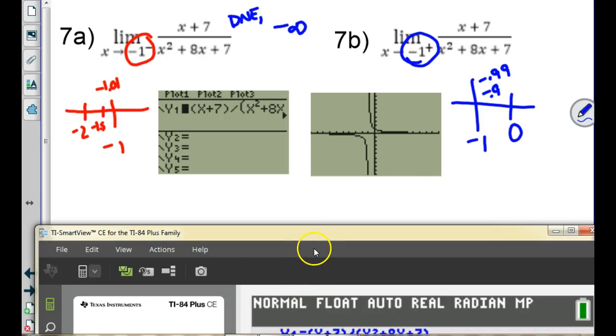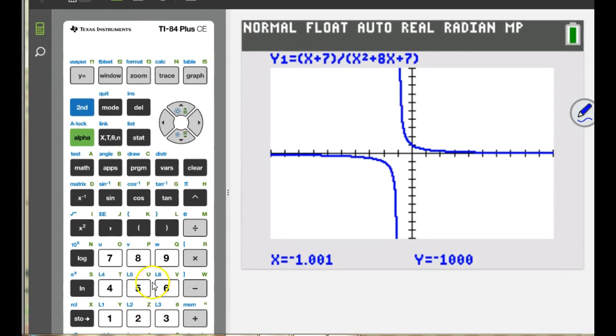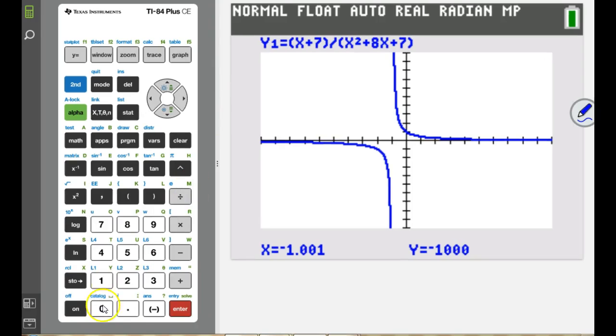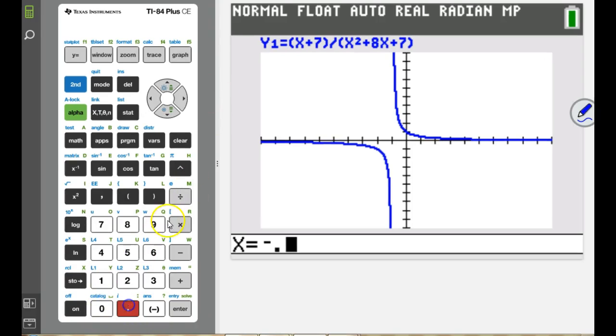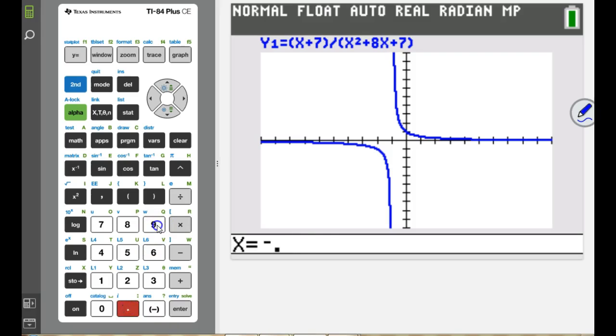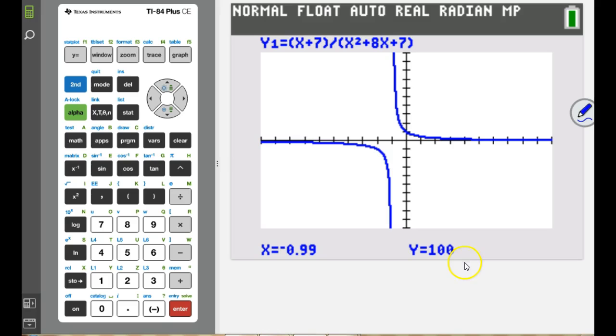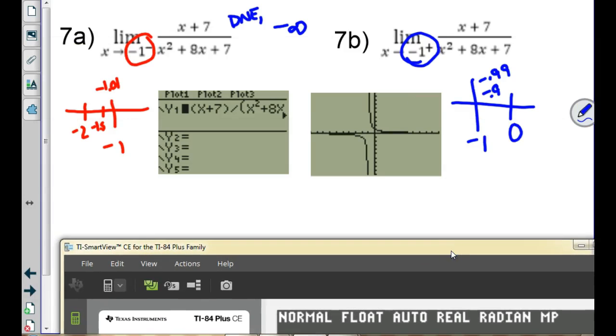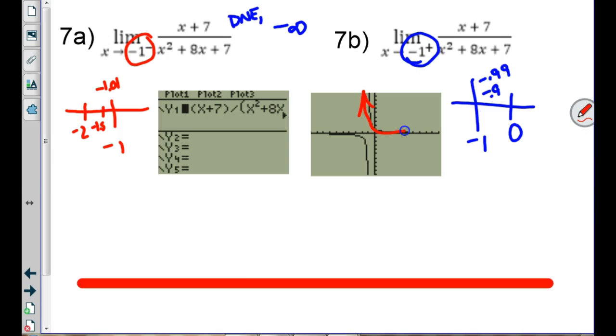So if I go to the graph or the table, it doesn't matter, and I put in -0.9, I'm at 10, -0.99, getting closer and closer to -1, I'm at 100, so what's it doing? As you get closer from this way to -1, it's going up, so it's approaching infinity.